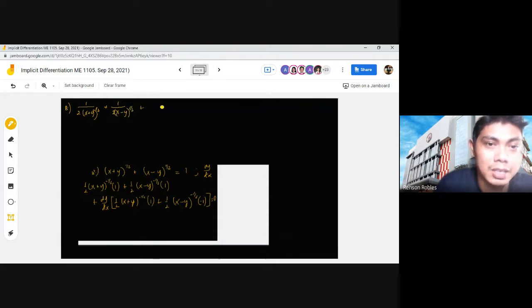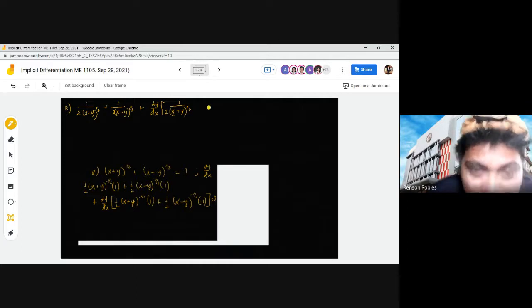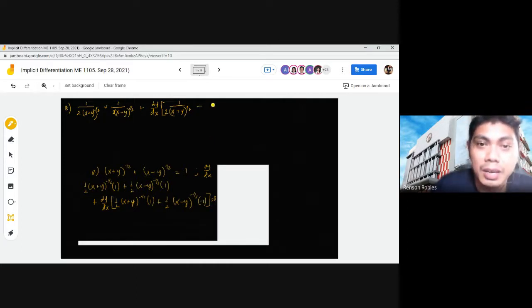Then plus dy/dx times, ito din, 1 all over (x plus y) raised to positive 1/2. Oops. Then there's 2 in front. Then minus, will now become minus because of this minus 1. Minus 1 all over 2 (x minus y) raised to positive 1/2 equals 0.